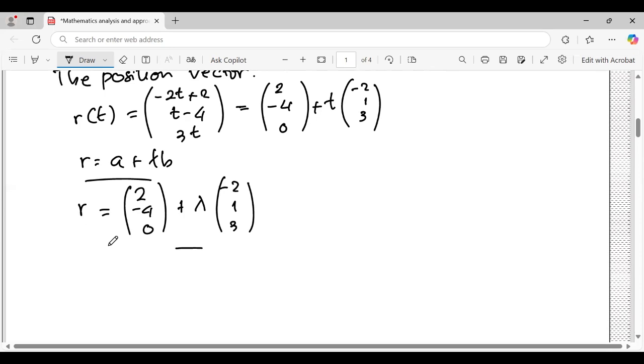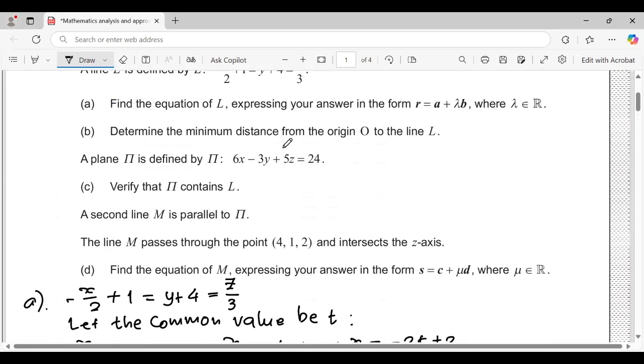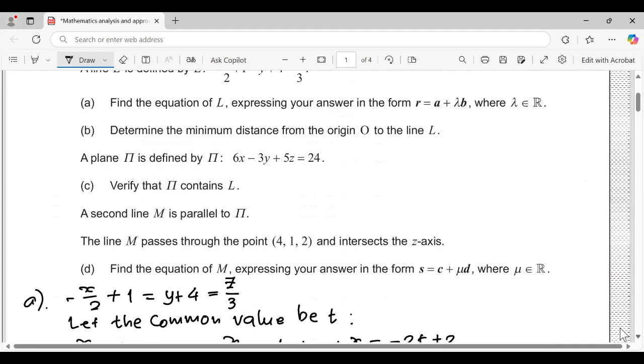This one. Question B. Determine the minimum distance from the origin O to the line L.